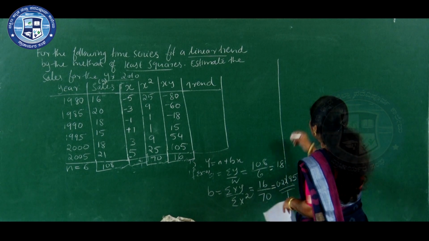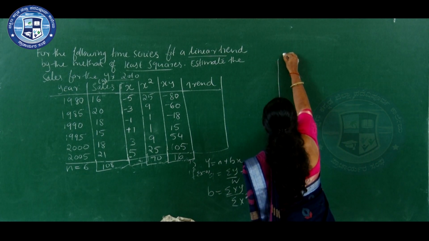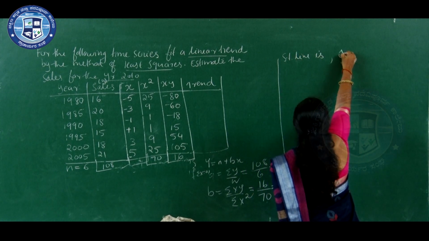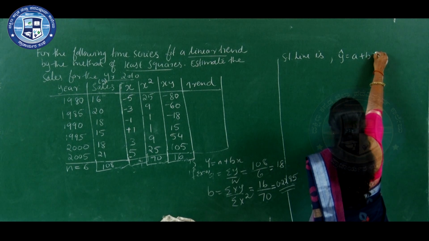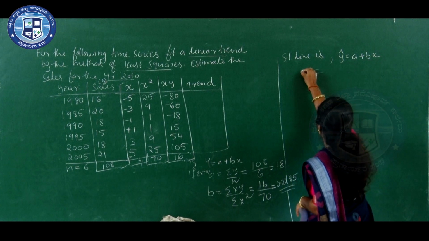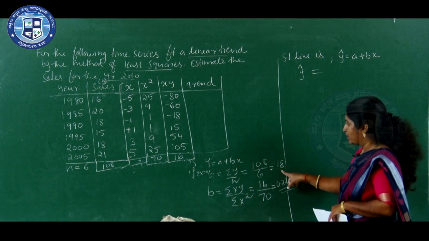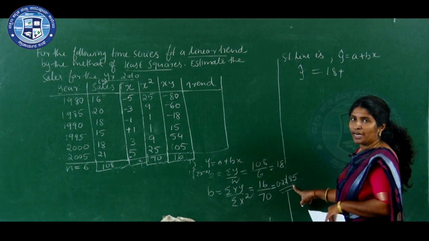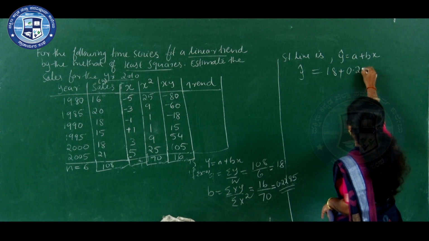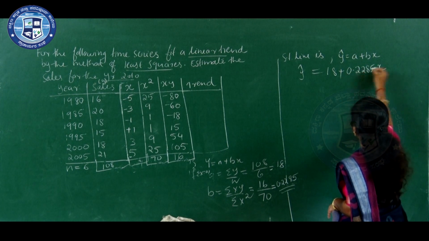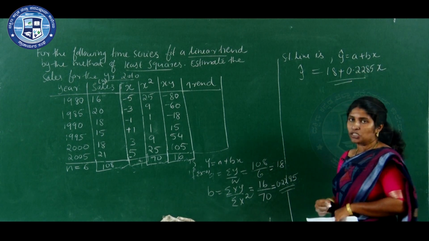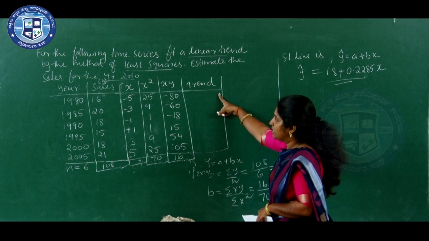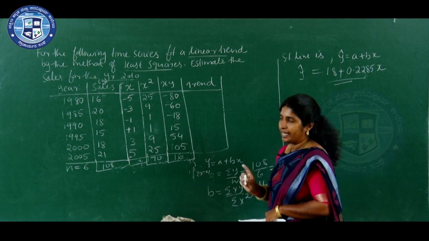The straight line is y cap is equal to a plus bx, that is y cap is equal to 18 plus 0.2285 into x. This is the straight line equation. Now, find the trend values by substituting different values of x.